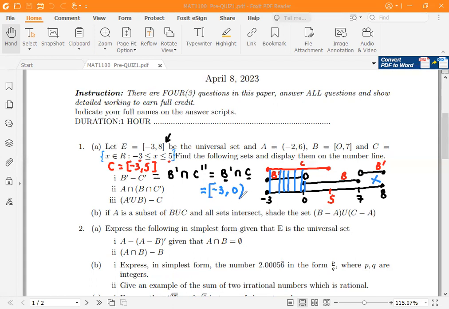That point must be picked, that it's in C, but not in B complement. Therefore, it won't be in the intersection.